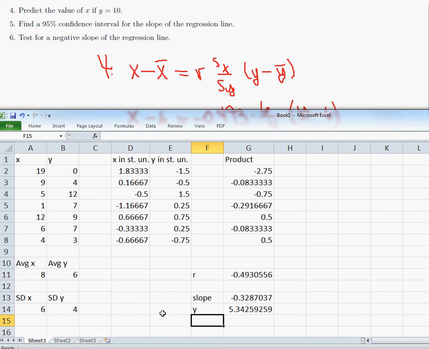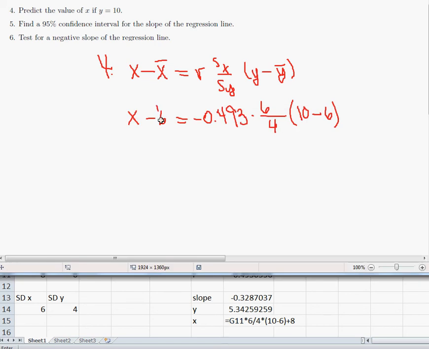And so for problem number 4, the predicted x value would be equal to this r value times s sub x over s sub y times 10 minus the average of y, which was 6, plus 8. And I see that on the screen here I made a mistake, that this 6 was incorrect, and it should have been an 8, the average of x.